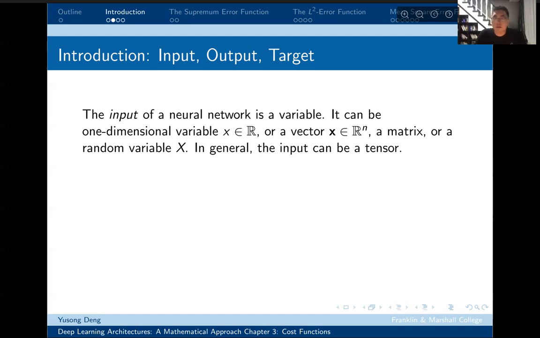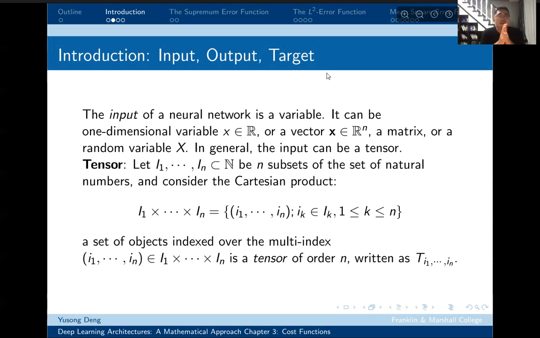I don't know what the team that created TensorFlow was thinking, but I guess maybe they want the input tensor to flow in the neural network and give you some kind of output. Maybe that's the meaning of its name, but I don't know.